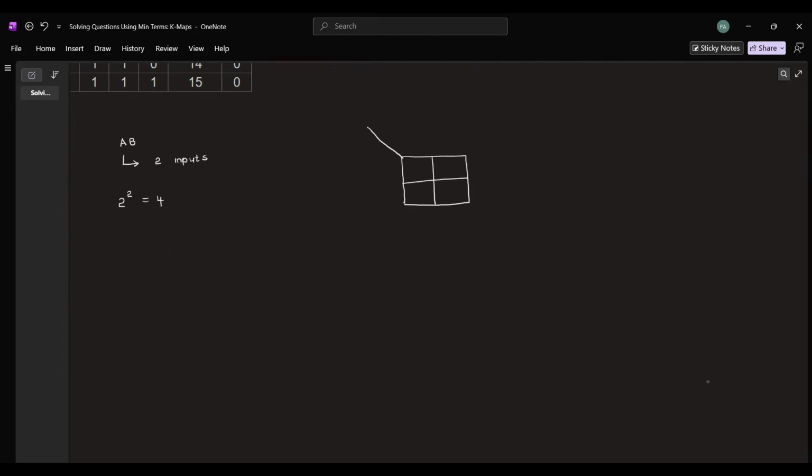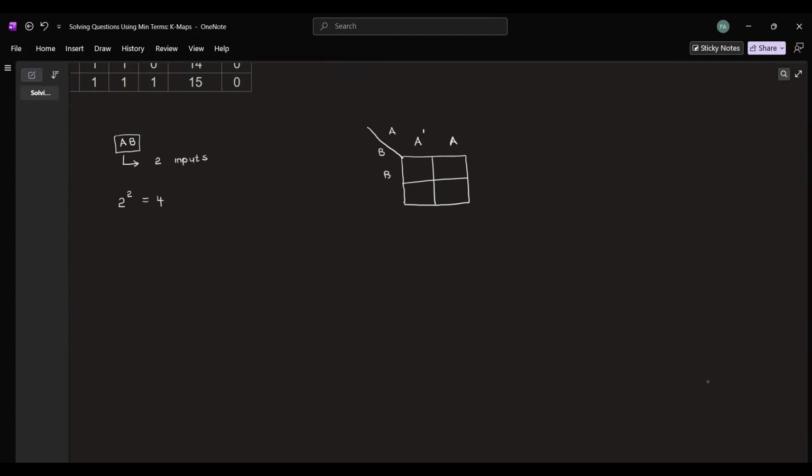And how do we assign these cells for different combinations? Well, first of all, since you have only A and B, you can put A here, B here, or you can put vice versa. The order really doesn't matter. Here, we will say A is absent, A is present.